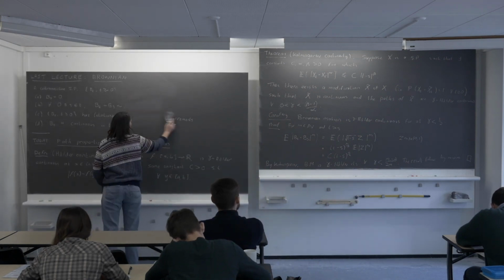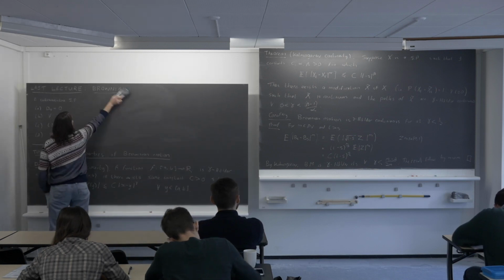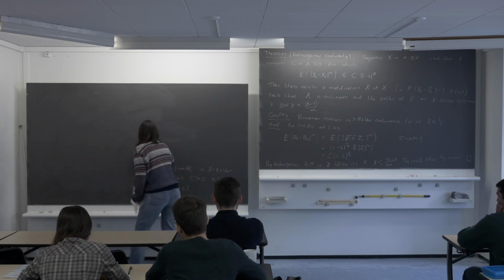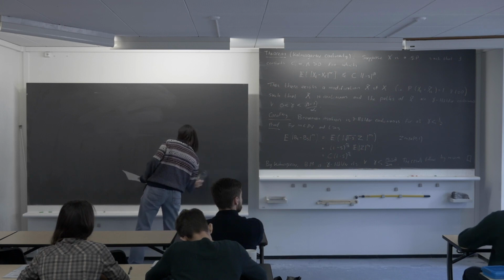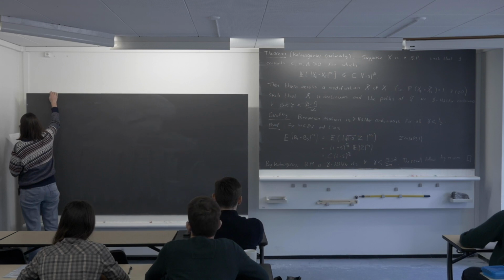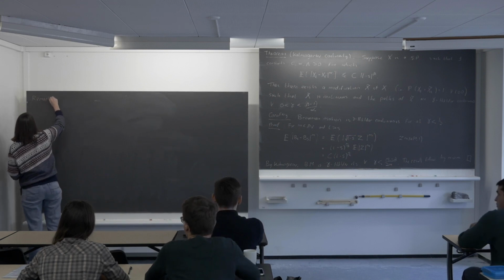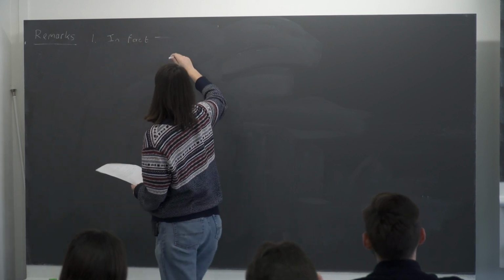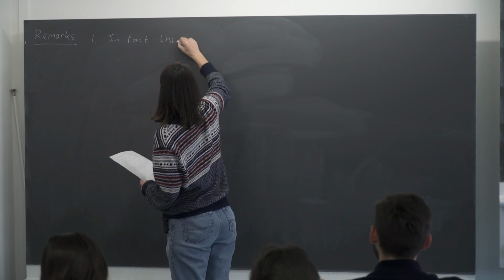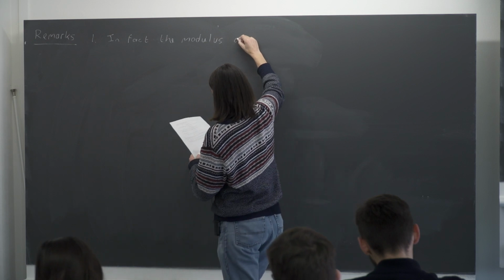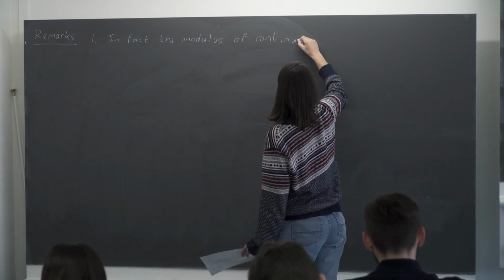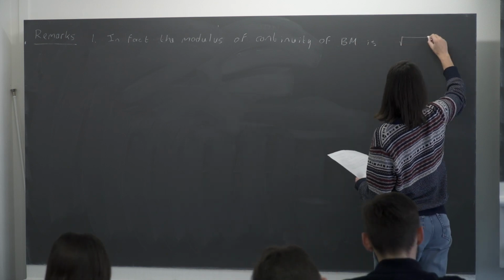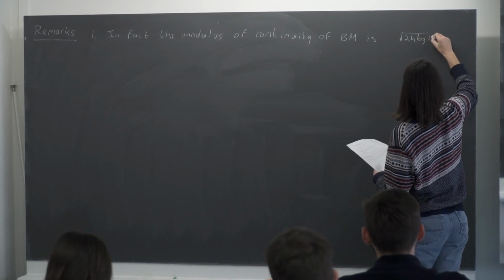And just a couple of remarks about this result. So in fact, you can show that the modulus of continuity of Brownian motion is square root of 2h log h to the minus 1.